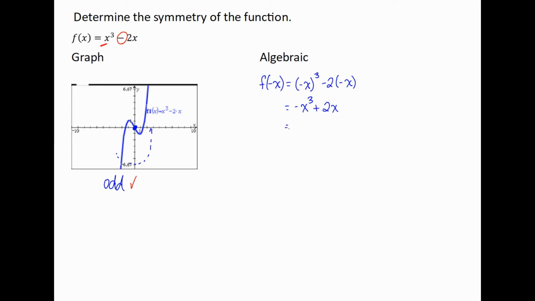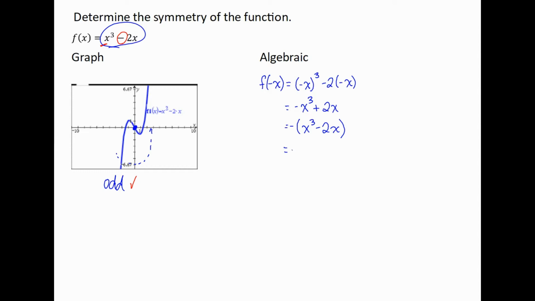Okay. So now that we have negative x cubed plus 2x, you want to recognize that you can factor out a negative. So now this becomes positive x cubed minus 2x. And well, x cubed minus 2x, that's exactly what I have up here. A substitution I can make for that is f of x.